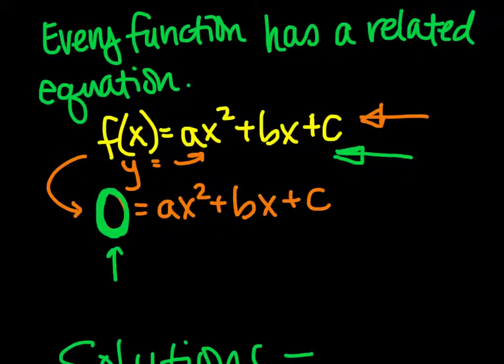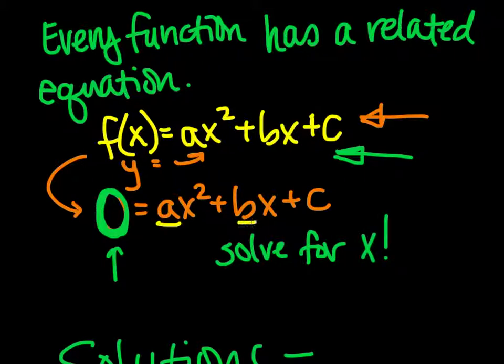That means we can solve for x. Because if we remember, a, b, and c are all values, like 3 or 17 or a million or whatever. And now if we have the y out of the equation, we have one equation and we can solve for x, which is kind of cool.